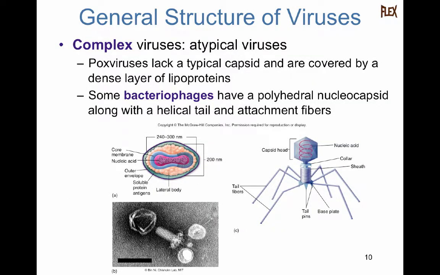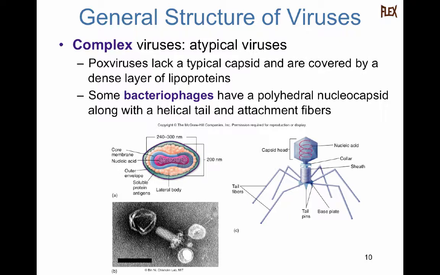Right, and so we talked about how there are two general morphologies for viruses. Either you can have a helical virus or an icosahedral. There's also the potential for viruses to exist as what we call complex or atypical. The two that I would like you to be familiar with are pox viruses. Those are animal viruses that can infect humans, and there's cowpox, monkeypox, even elephant pox.